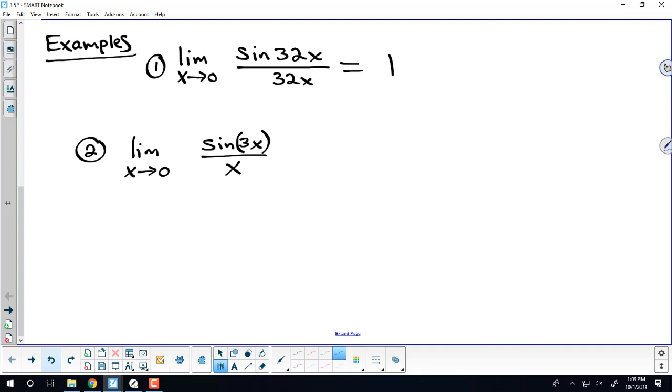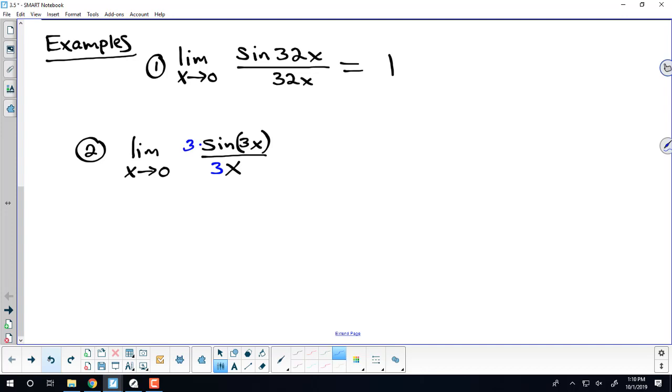You multiply the fraction by 3 over 3. Yeah, right. Remember the theorem says that the argument of sine and this thing we're dividing by have to match. So if that were a 3x, then it's just a direct application of that theorem, right? But if we multiply the denominator by 3, what else do we have to do? We have to multiply the numerator by 3, so we're not changing the value of the fraction.